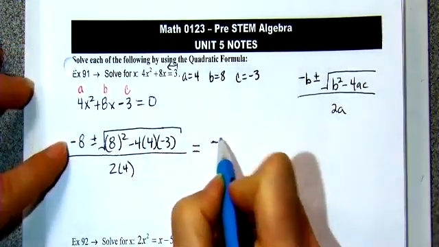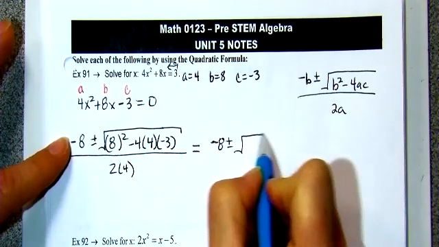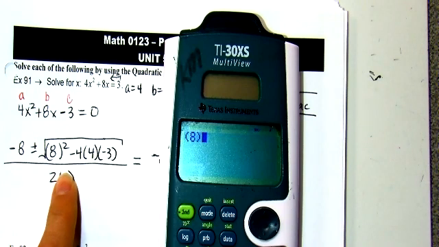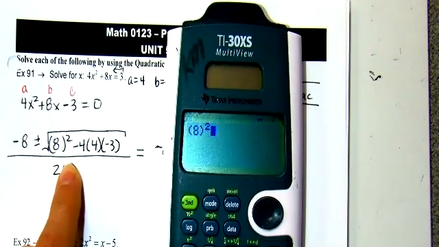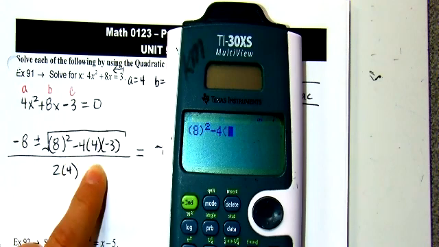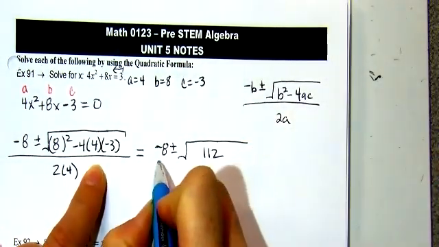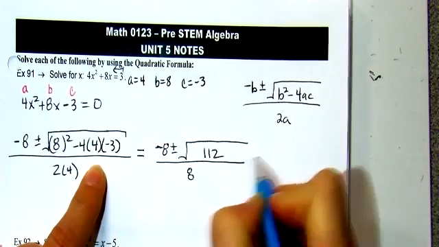So we'll write negative 8 plus or minus, and under that radical, I'm just going to do this math in my calculator. So 8 squared minus 4 times a negative 3 is 112. So under that radical, it's 112, all over 2 times 4, which is 8.